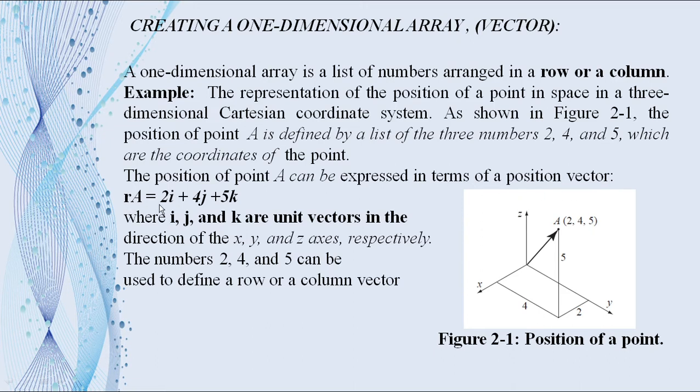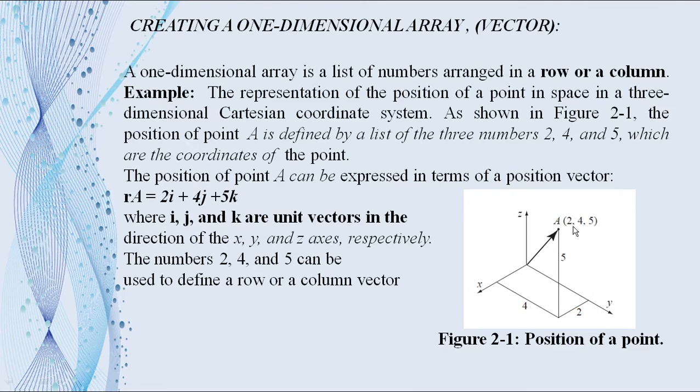So RA is equal to 2i plus 4j plus 5k, where i, j, k are unit vectors in the direction of x, y and z axis respectively. The numbers 2, 4 and 5 are used to define a row or a column. So it can be defined either row wise or column wise.